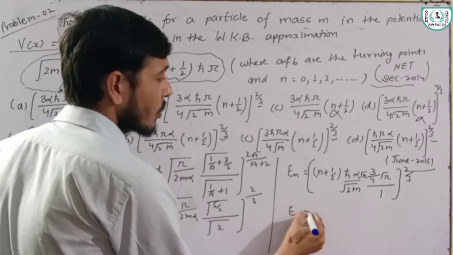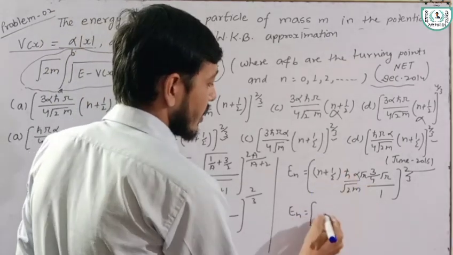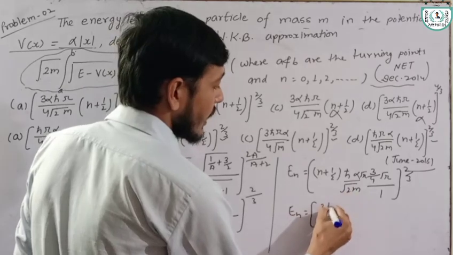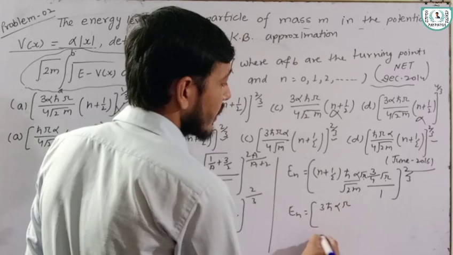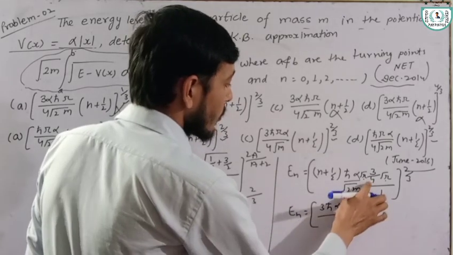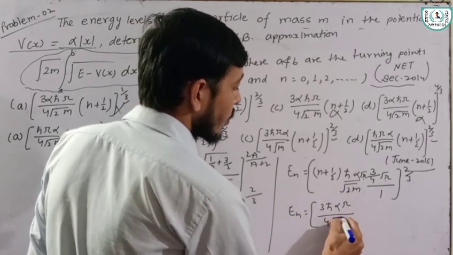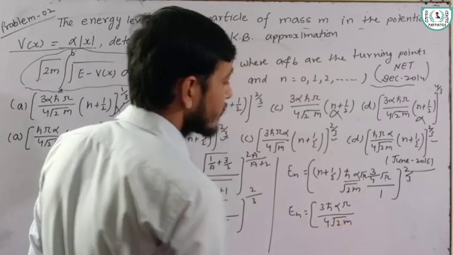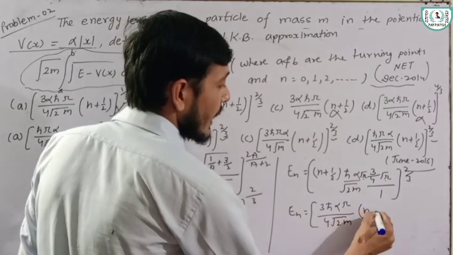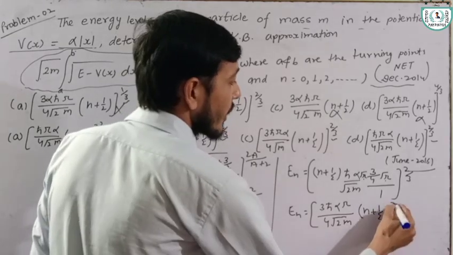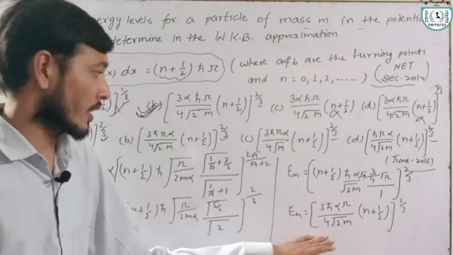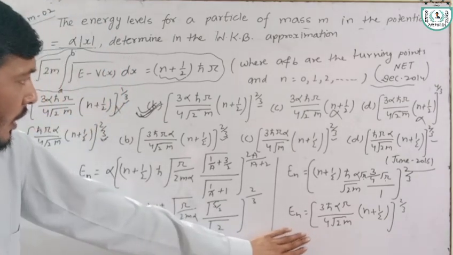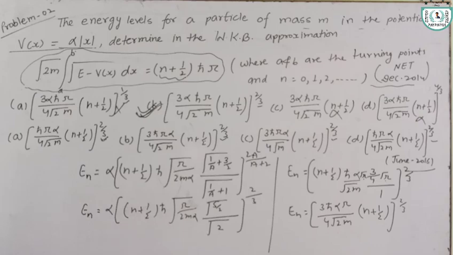Now En is equal to 3 h cut alpha root pi into root pi divided by 4 root 2m into (n plus half) raised to power 2 by 3. This is the correct answer we have found in option 2.